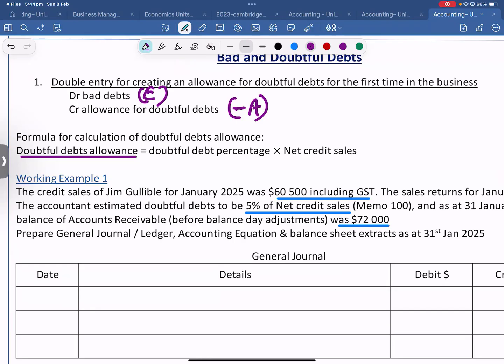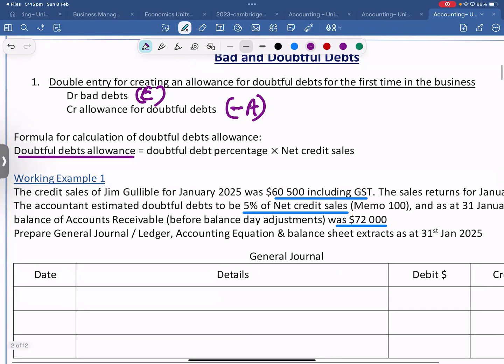But in some questions I have seen, rarely, they use the accounts receivable balance as well. It doesn't matter, same thing. You just apply the percentage on whatever the figure is. That's it. But in this case, what is the policy, guys? The accountant estimated doubtful debt to be 5% of net credit sales.